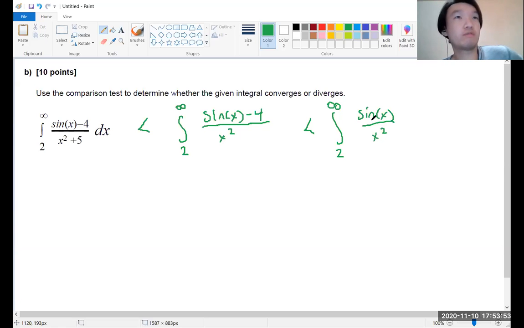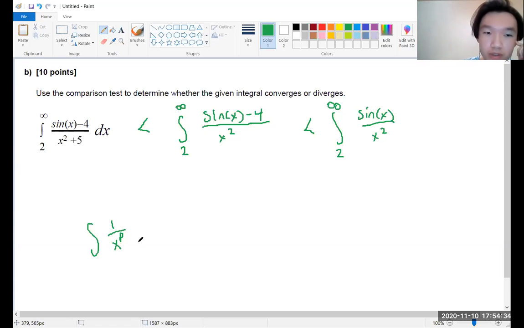It converges. How do you know? The p-value of x squared is 2. So be careful. You can only use the p-value when you have it in the form of, it doesn't even have a name, but you want it in the form of 1 over x to some power.